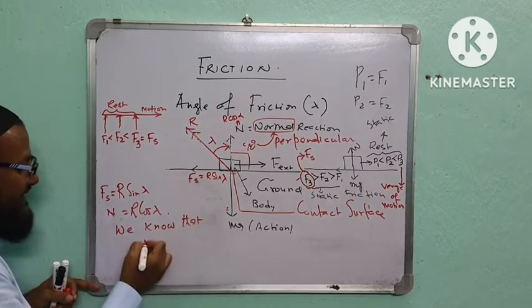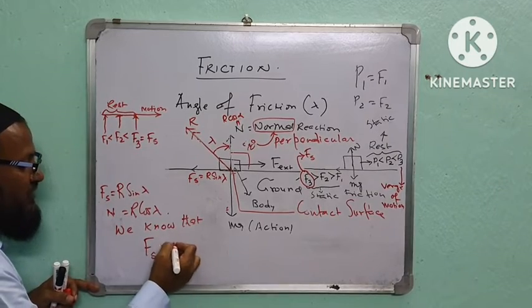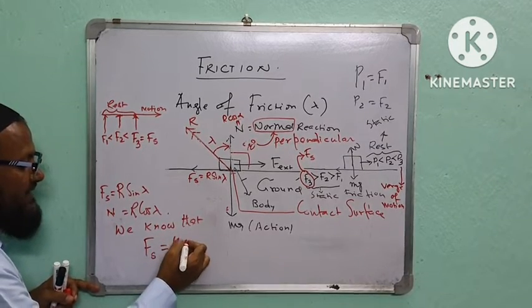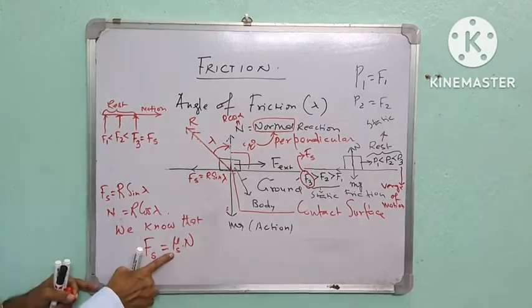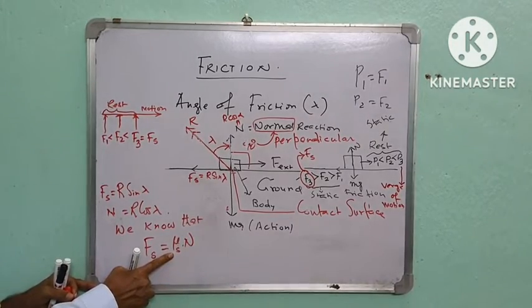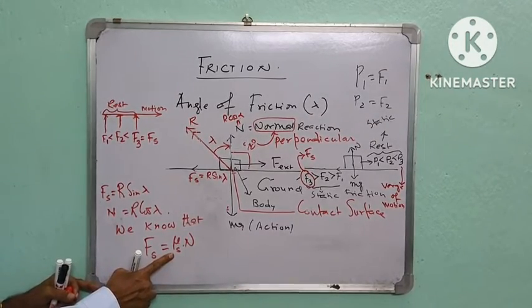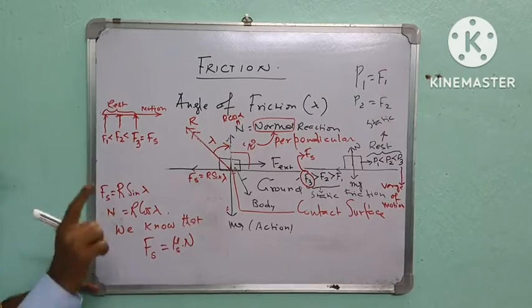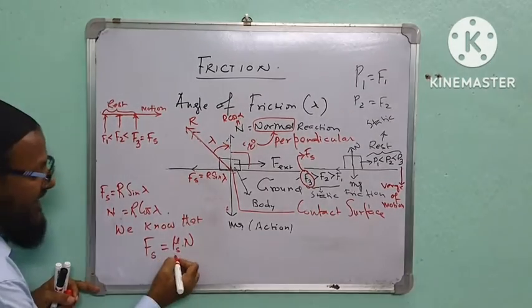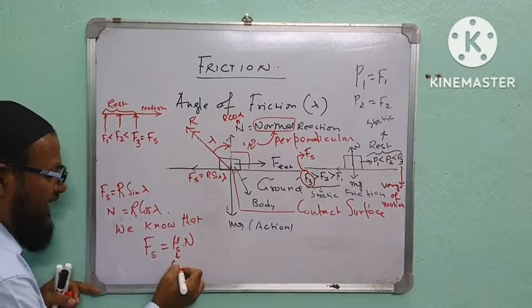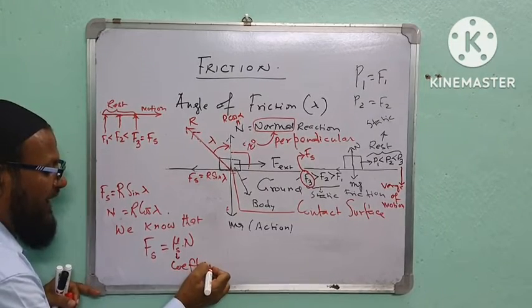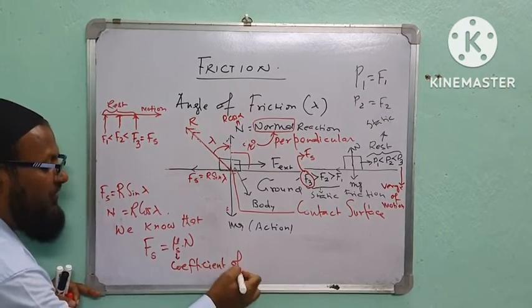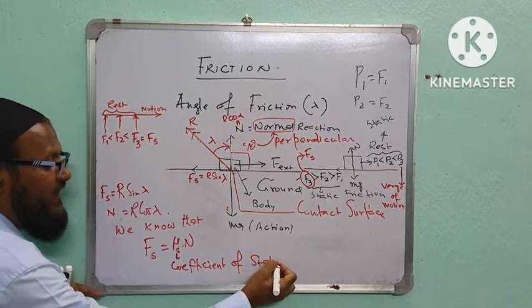We know that Fs equals mu s into N. What is the name of mu s? Coefficient of static friction. Please write down.